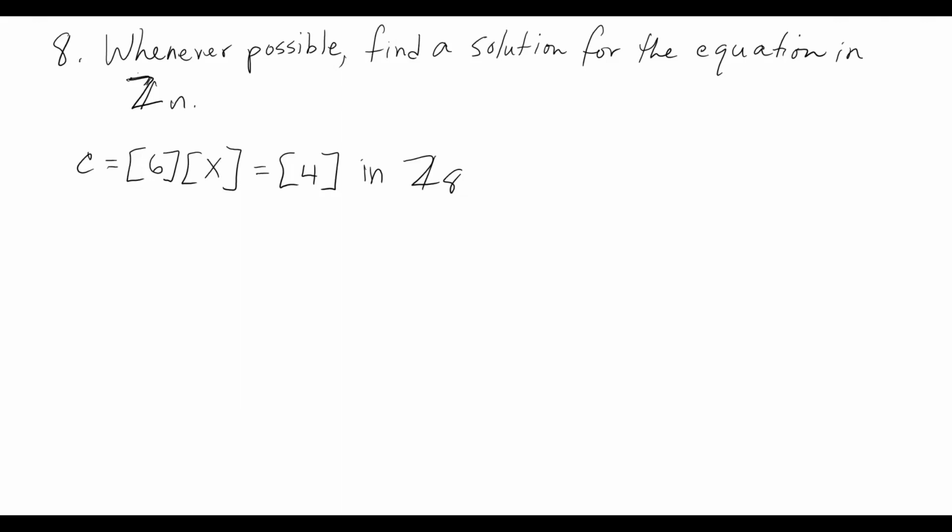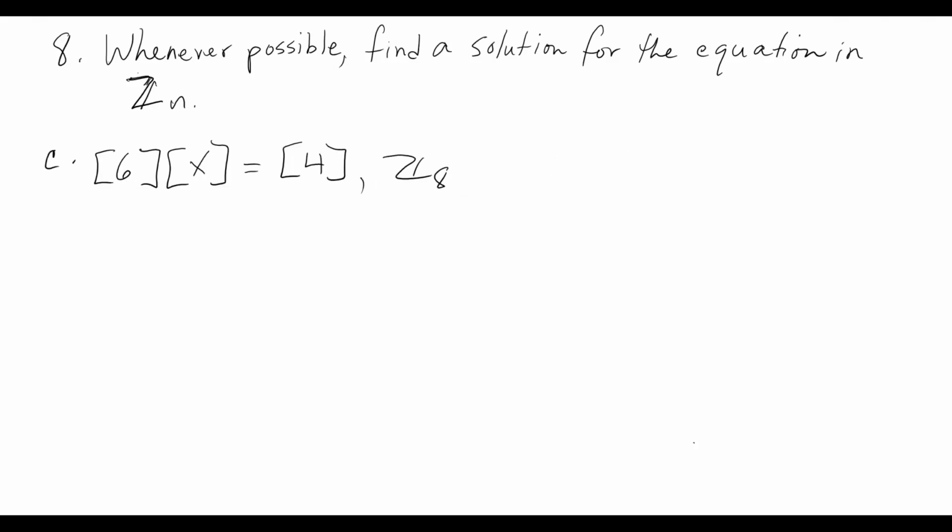In order for us to determine that, I need to find the greatest common divisor between 6 and the modulus 8. So we're asked to solve this equation in Z8. First thing we need to do is to determine whether or not it has a solution.